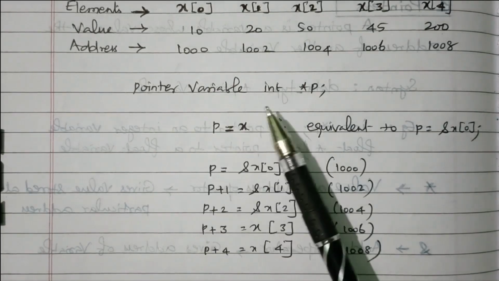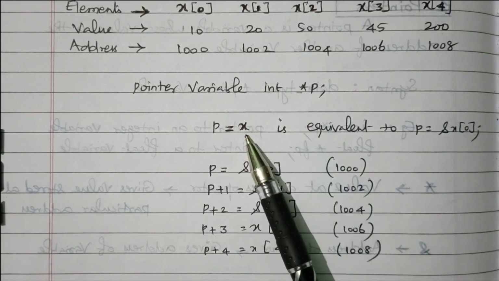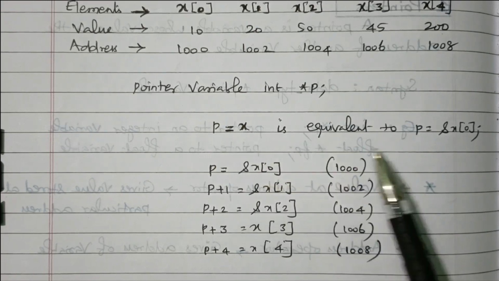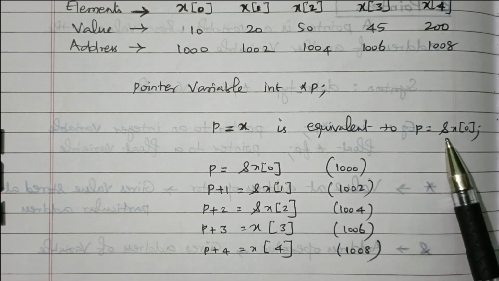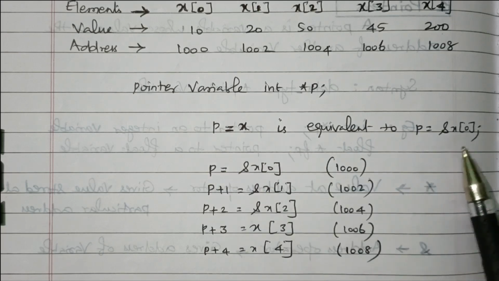So pointer variable: int *p, right? We declare one pointer variable *p equal to x. What is the meaning? x is stored in p, the content of x, that is equivalent to p equal to address of x[0]. Address of x[0], so both are equal. What is the meaning?